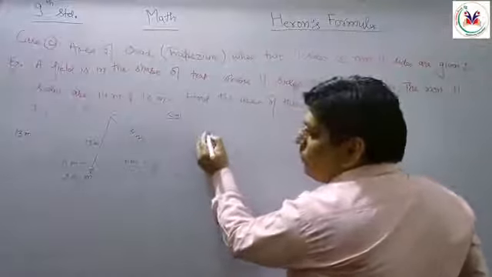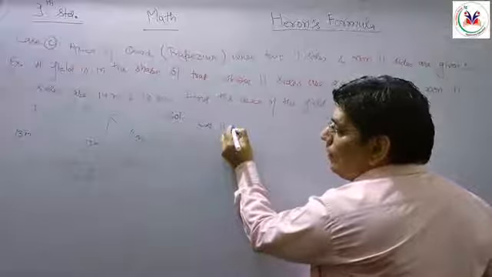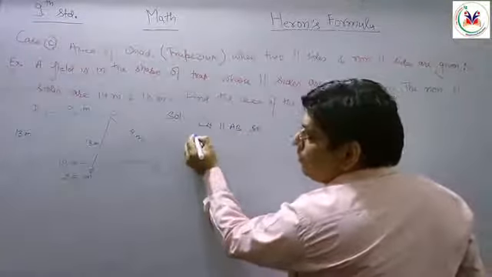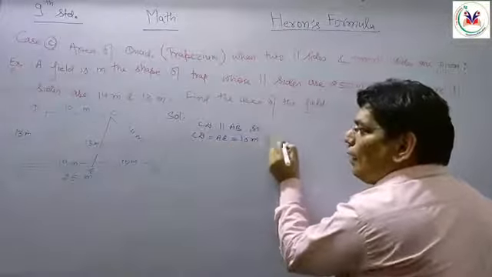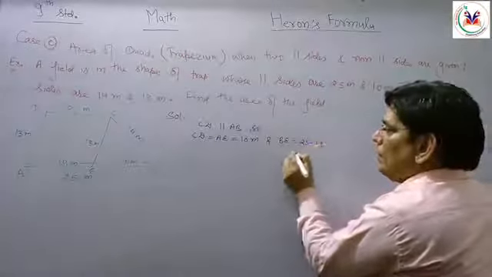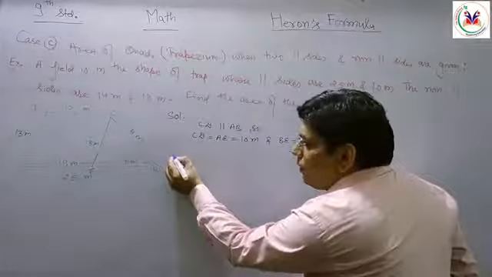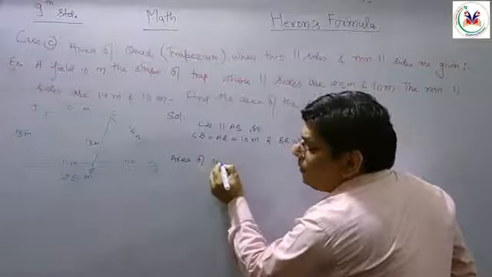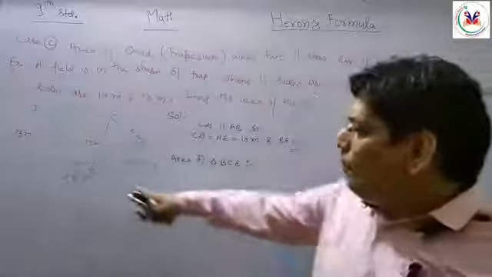Now we should go for the solution. In solution, first of all, CD parallel AB. So CD equals AE, 10 meter, and BE equals 25 minus 10, 15 meter. So first of all, area of triangle BCE, हमें किसका area निकालना होगा?